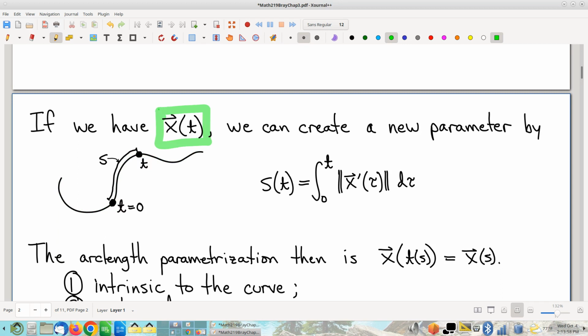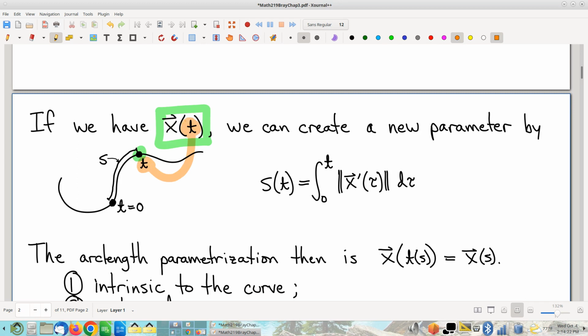And remember my road versus road trip metaphor. This parameterization is a road trip. This is the process of me driving along that road wherever I might be going, right? And at some point in time t, I'm at some particular location. And again, I can think of that location as being a function of time.